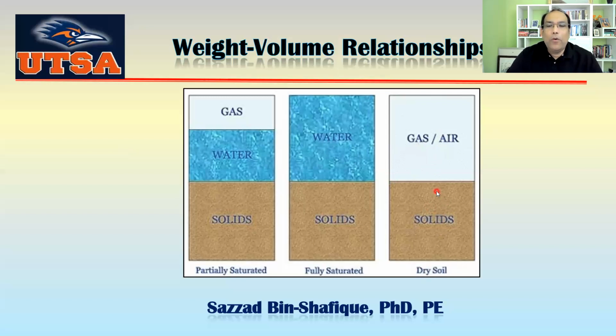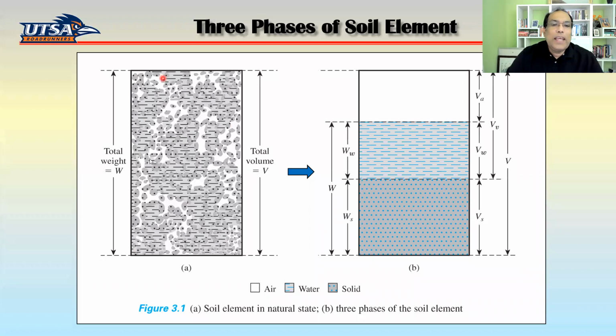Now, if you take a known volume of soil, you can see all three phases present here. If in some magical way you could get all three phases separately, you can show them here.